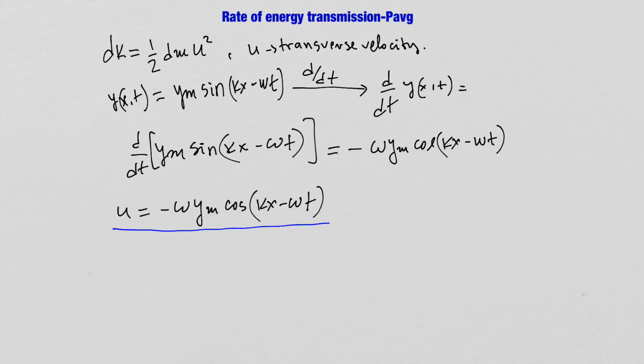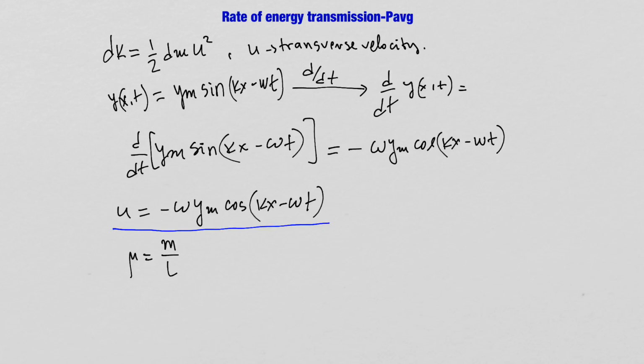I also need to relate the mass of an element in the string, dm, to the linear mass density of the string. So the linear mass density, mu, is defined as the mass of the entire string divided by the length of the string. But this is a constant for the entire string, and it doesn't matter how long the string is, because for each different length of the same string, the mass will be different and the ratio should be the same.